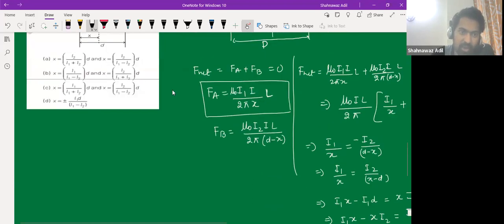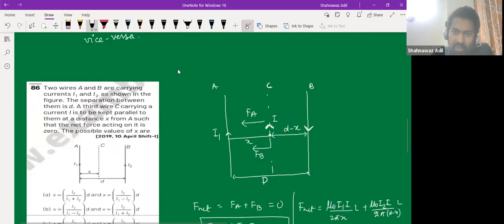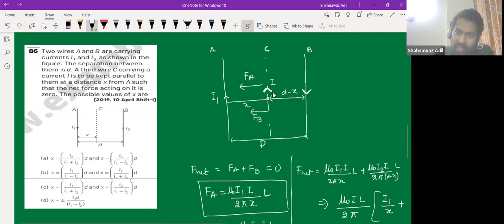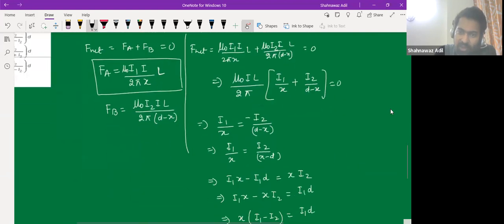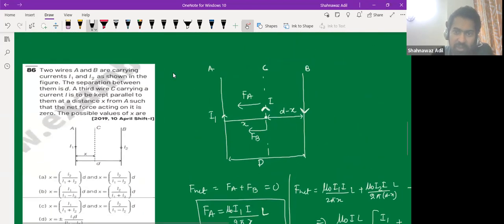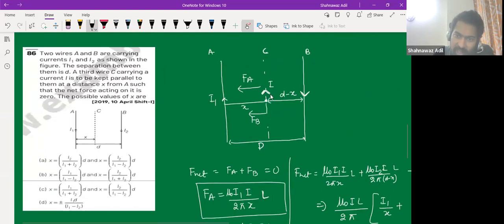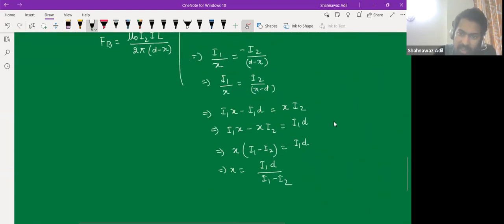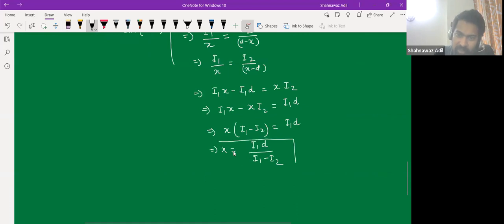So this would be positive or negative. Why? Because I have assumed that this is my current direction, and in this direction I am getting the plus sign.